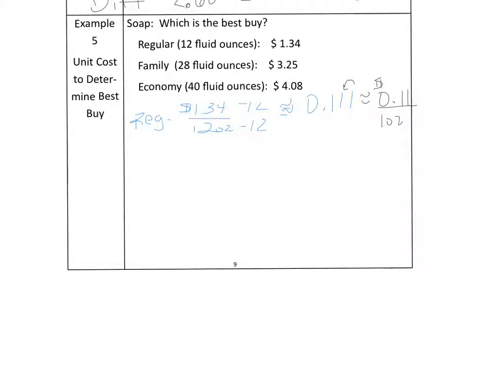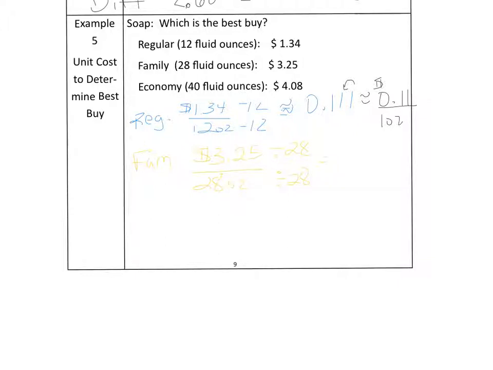Now we move into the family brand, which is $3.25 for 28 ounces. So we divide both by 28.